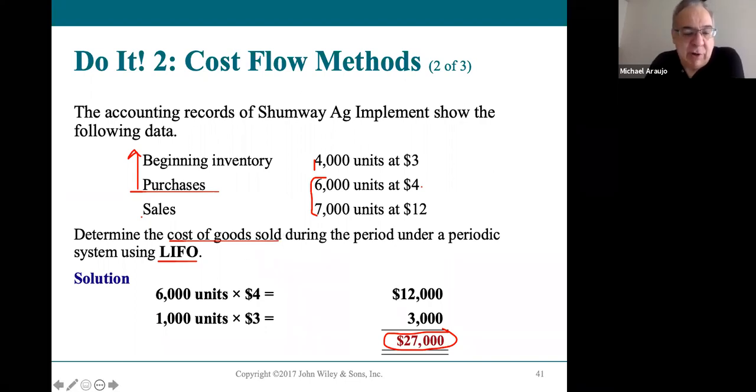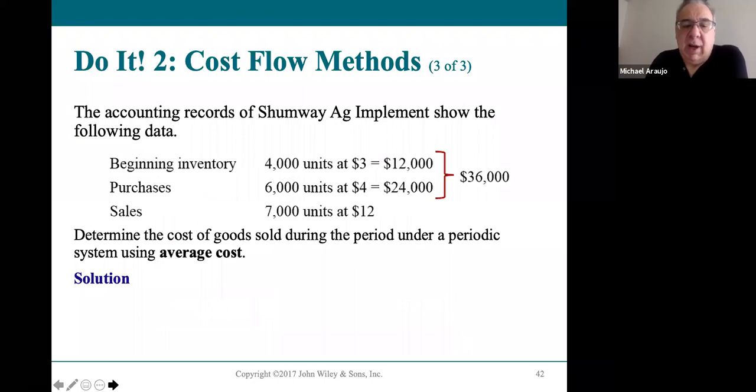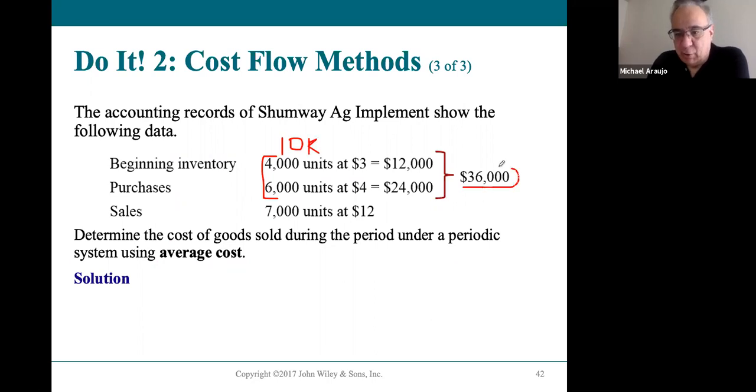Well, what if we used average cost? We would first need to figure out the total number of units that we have, which you know is 10,000, and the total amount of money we spent on that, which is $36,000.